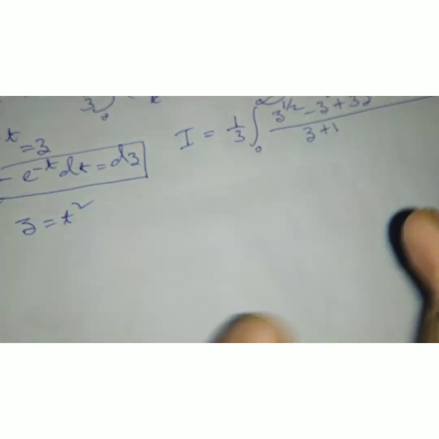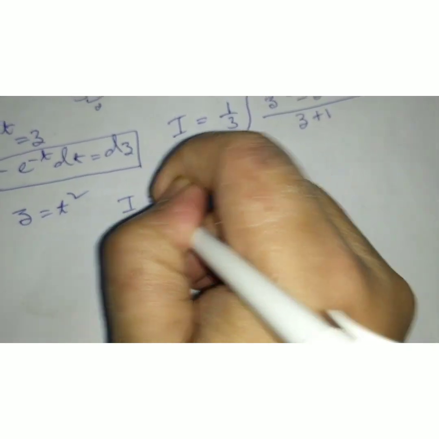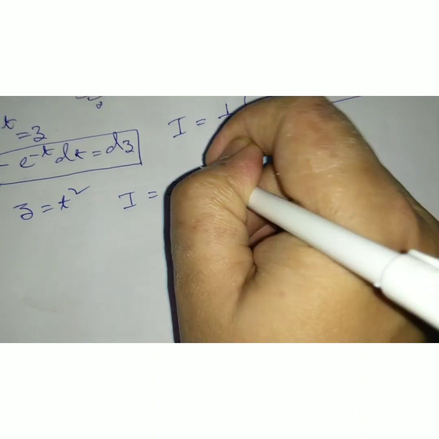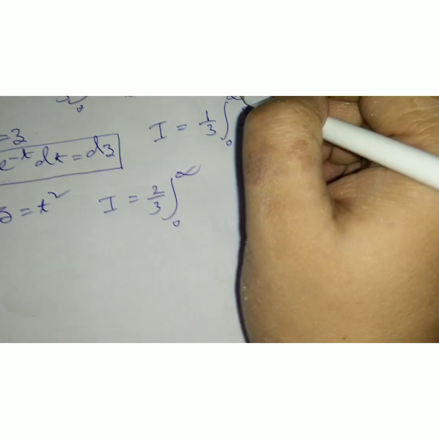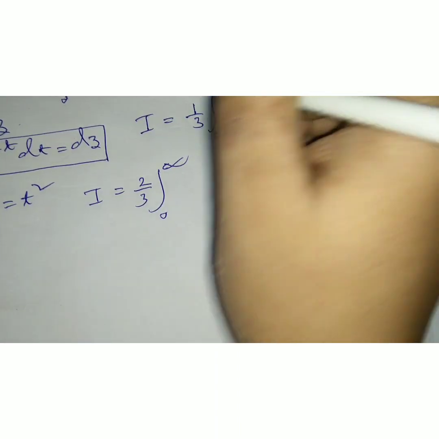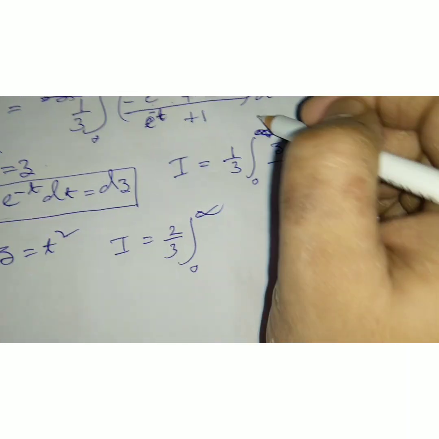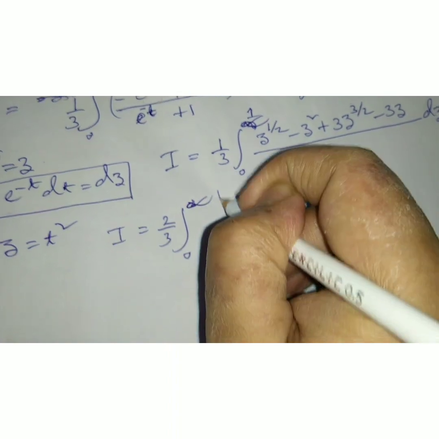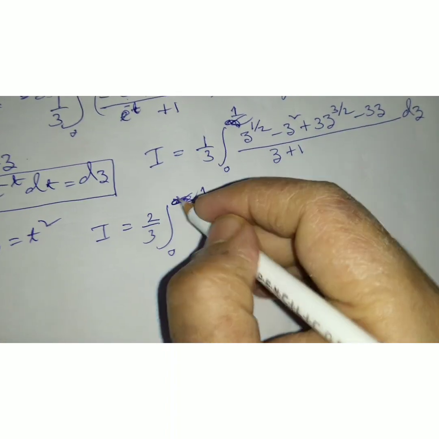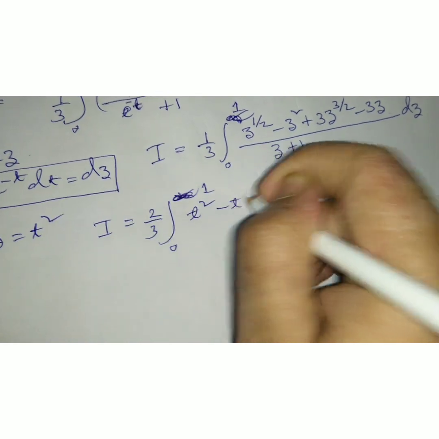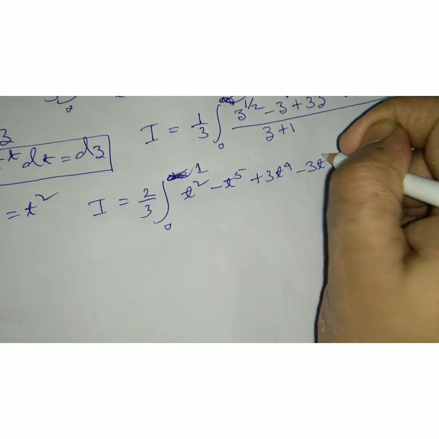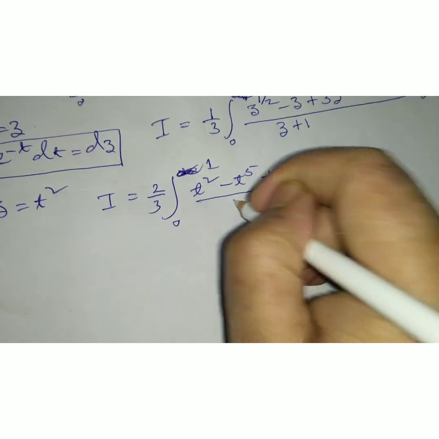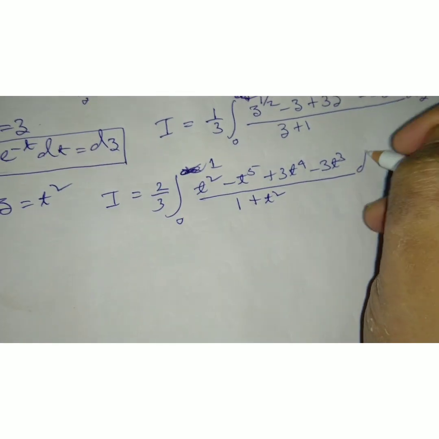Now I write z equals t square. So I get I is equal to 2 by 3 into the integral from 0 to infinity. Sorry, the limit will be changed. When I take e to the power minus t, then the limit is 0 to 1, not 0 to infinity. So 0 to 1 of t square minus t to the power 5 plus 3 into t to the power 4 minus 3 into t cube divided by 1 plus t square into dt.